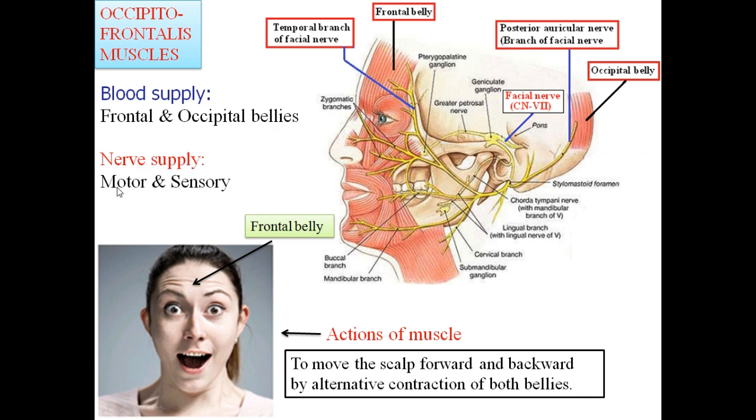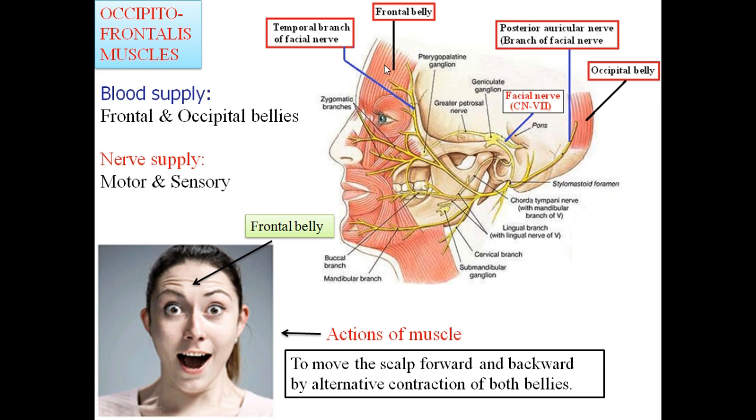And regarding the nerve supply, there is a motor nerve and sensory nerve. Motor nerve supply is by the temporal branch of the facial nerve to the frontal belly, and the posterior auricular nerve to the occipital belly.